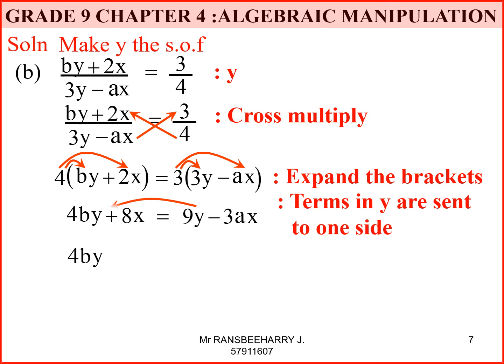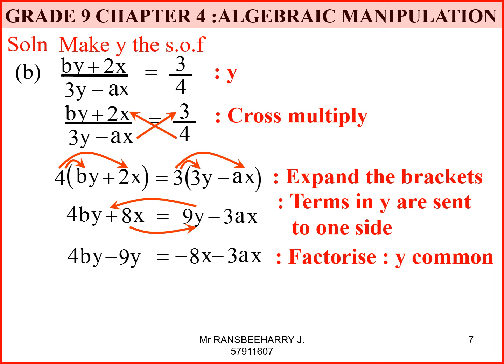Terms in y are sent to one side. So required to make y subject of formula, all the terms that contain y are sent to the left hand side. So we obtain 4by minus 9y is equal to minus 8x minus 3ax. Next step, we factorize y common.